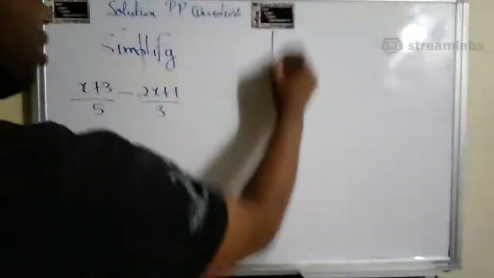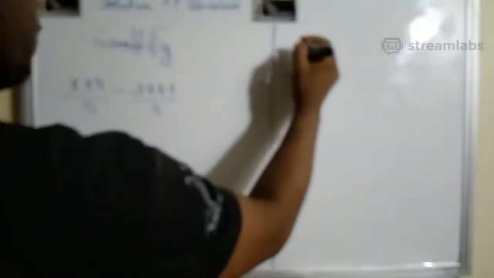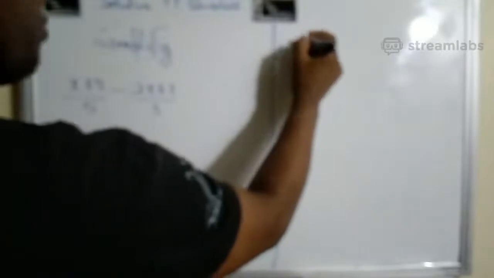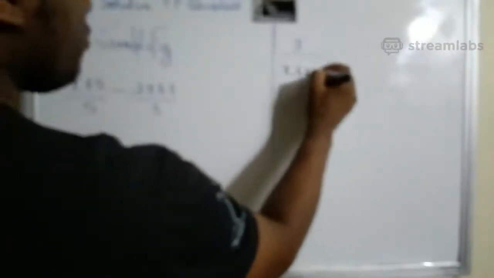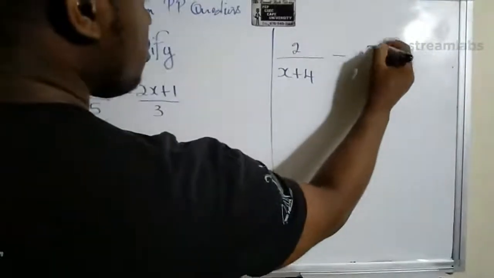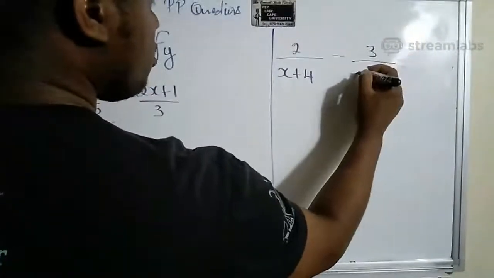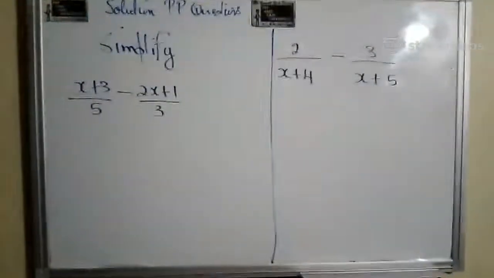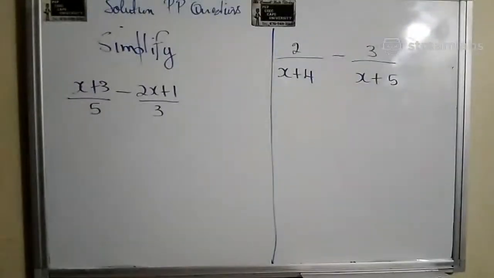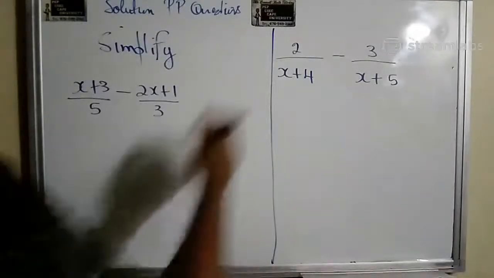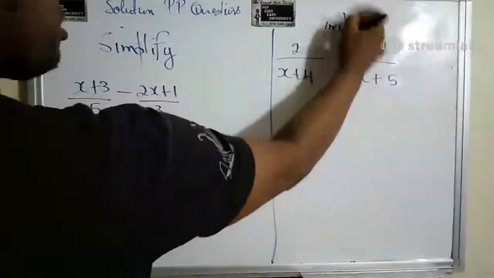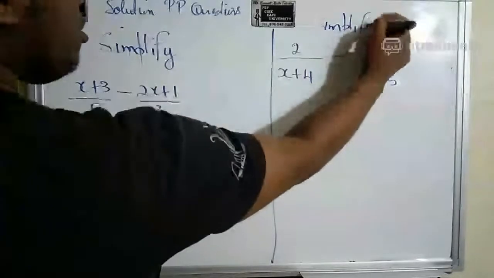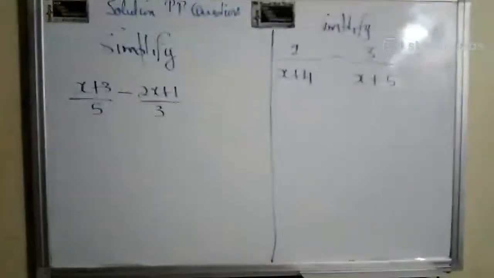And then we look at the next type over here, which is 2 upon x plus 4 minus 3 upon x plus 5. I've done these so many times on my channel, it's a shame if you guys can't do it. Go ahead and simplify both of them, I'm giving you a start. Leave it in the comment section.